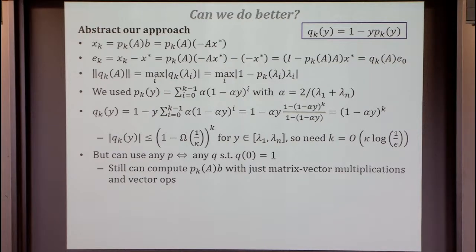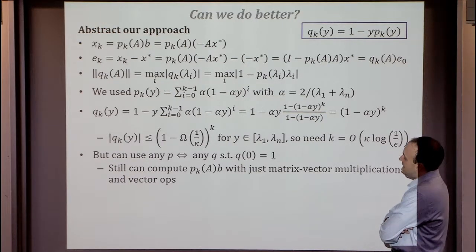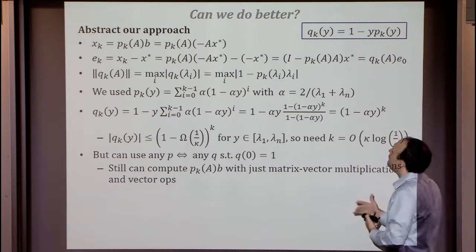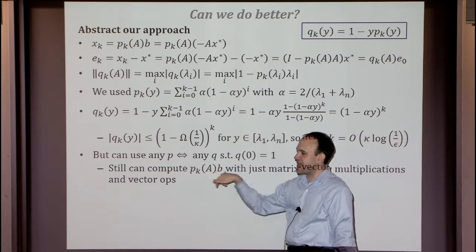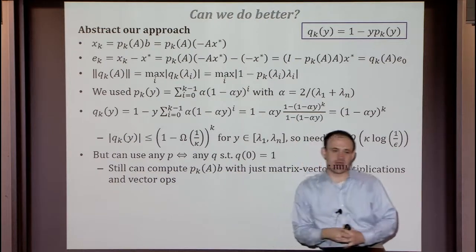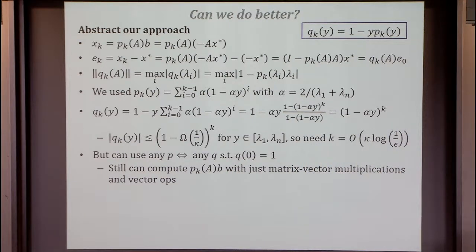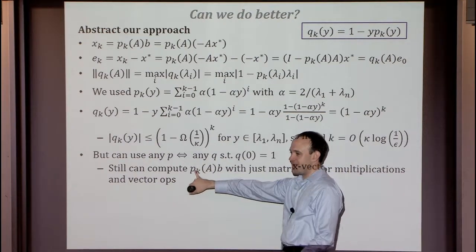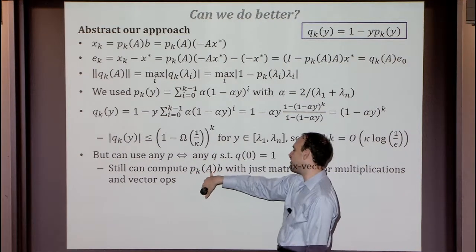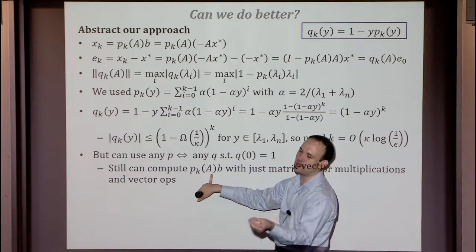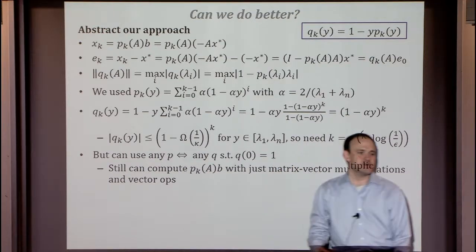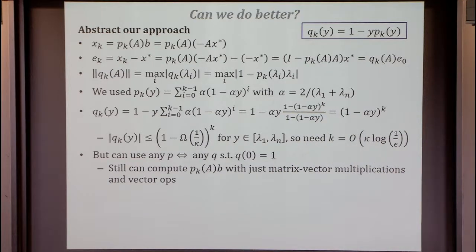And so what are the properties we need? Well, first we need to know that we can still implement this. And the point here is that we can. If I give you any polynomial in the matrix A applied to a vector b, there's certainly a naive way to do this: I write the coefficients of the polynomial p out, and to compute each monomial, I take the previous monomial and multiply it by A. We'll actually see that there's a recurrence relation that's a little faster.